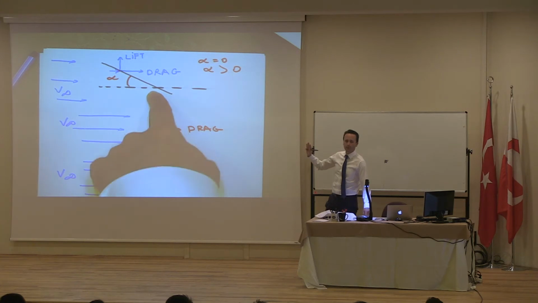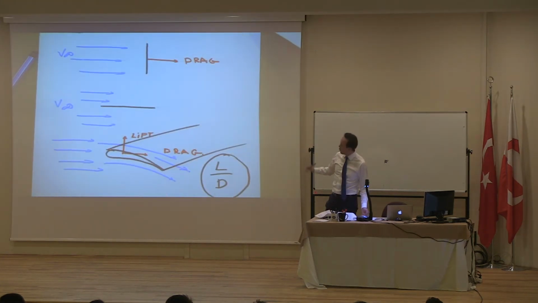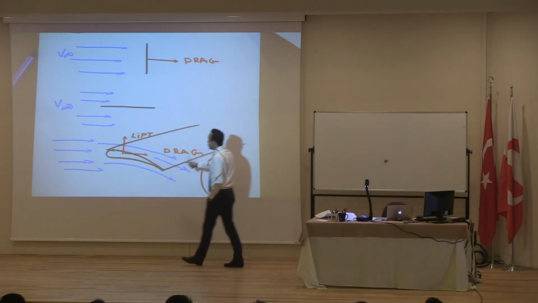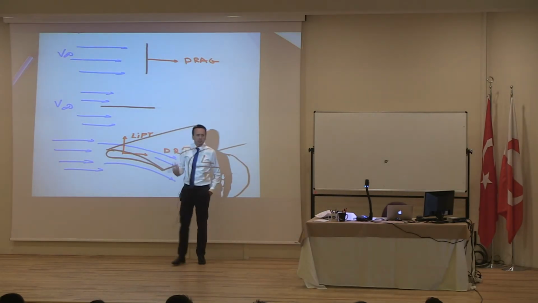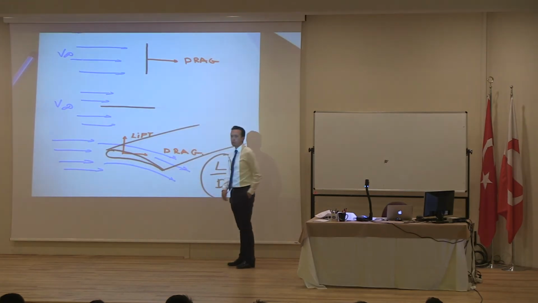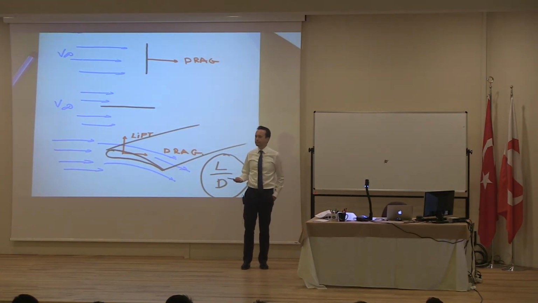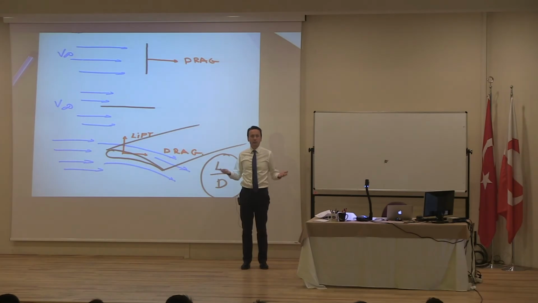The reason is simple. The lift-to-drag ratio of this geometry is a lot better than a plate. The cross-section of a wing looks like this because the lift-to-drag ratio is quite good. That's really the reason why we are using this particular shape.